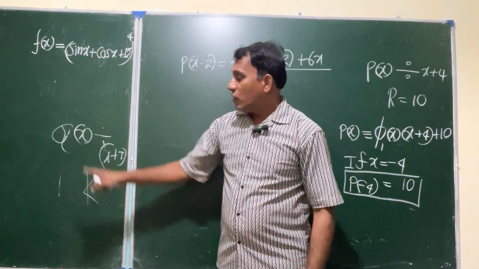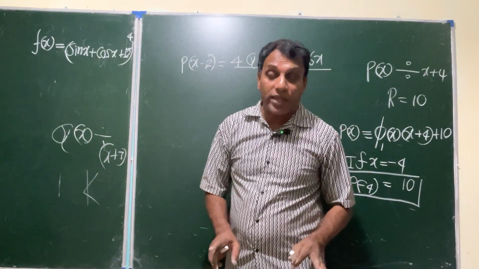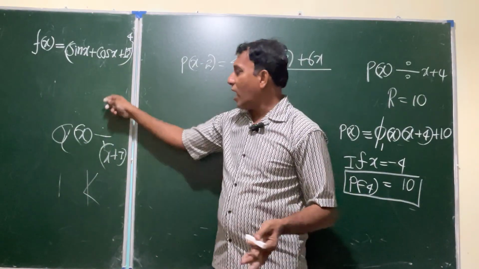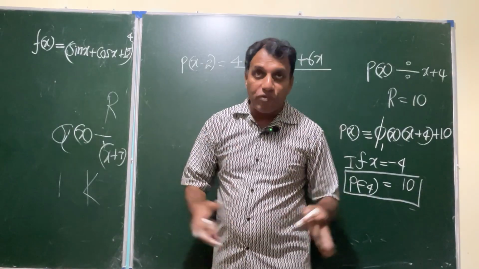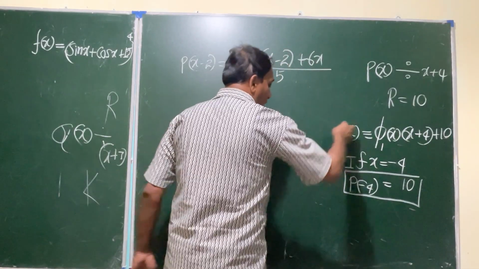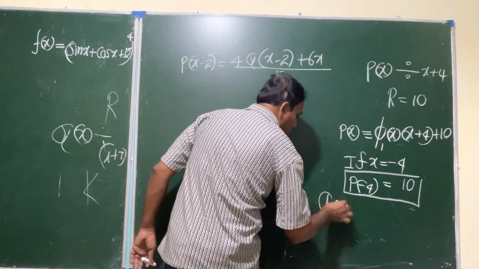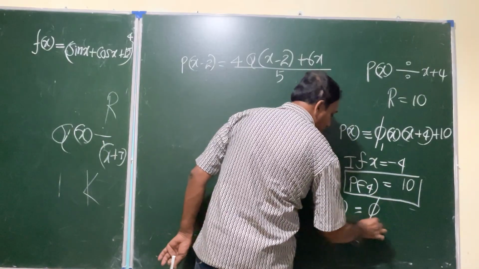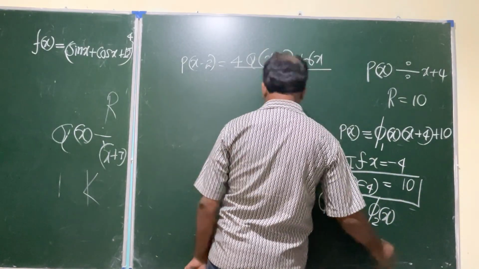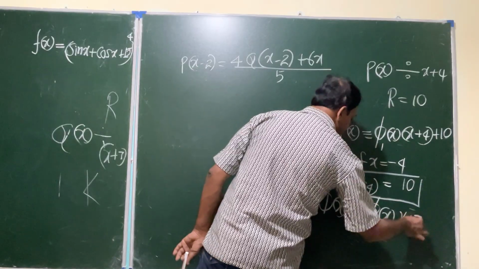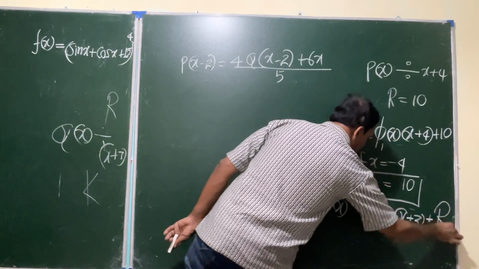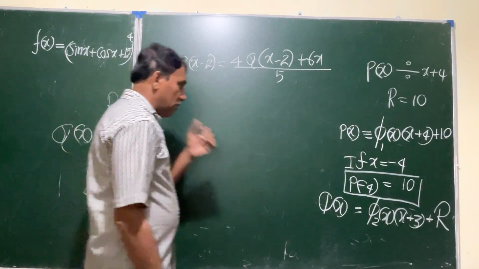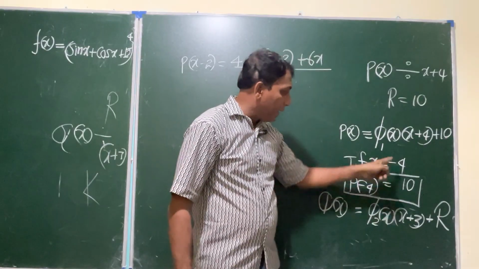Now what is the question? Find the remainder when q(x) is divided by x plus 3. Say r is the remainder, then we have to find the r value. So I can write q(x) equals the quotient into the divisor x plus 3, plus the remainder r.